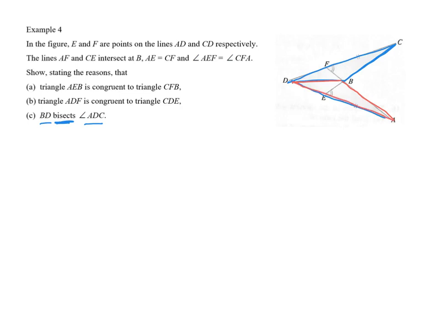If this is the case, if I want to show that these two angles are equal, I need to find information to show the triangle ABD and the triangle CBD are congruent.